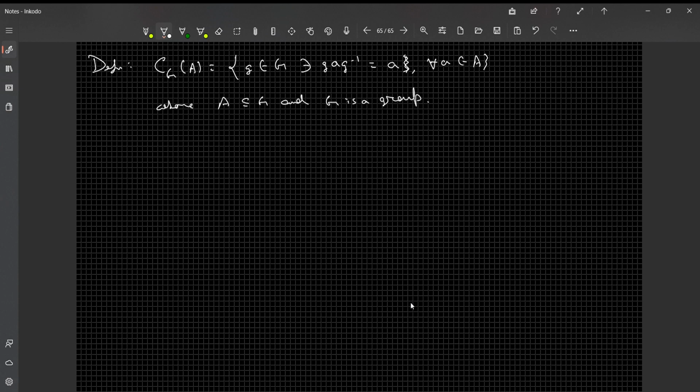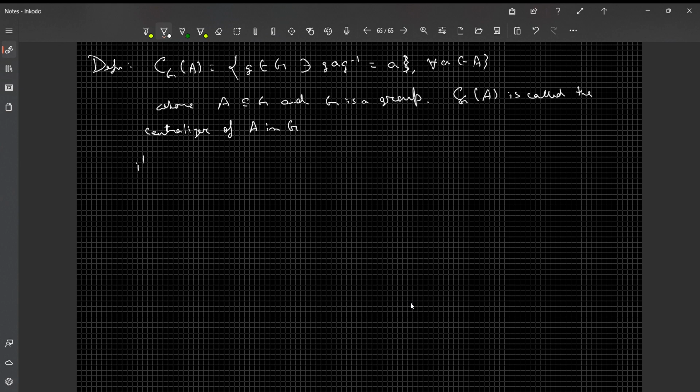This set C_G(A) is called the centralizer of A in G. So what does this set basically contain? This set basically contains all those elements in the group which commute with every element in this subset A. Clear?